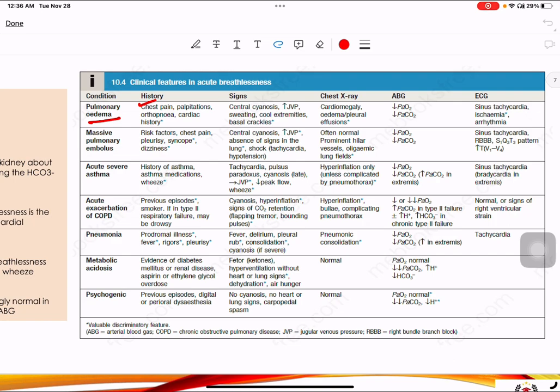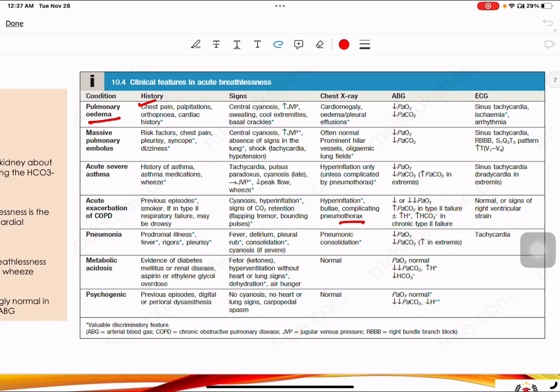The patient may have acute exacerbation of COPD, with a previous episode or history of smoking, and may present with drowsiness and type 2 respiratory failure. The patient may have cyanosis, hypoxia, and poor air entry, and may have evidence of carbon dioxide retention like flapping tremor and bounding pulse.